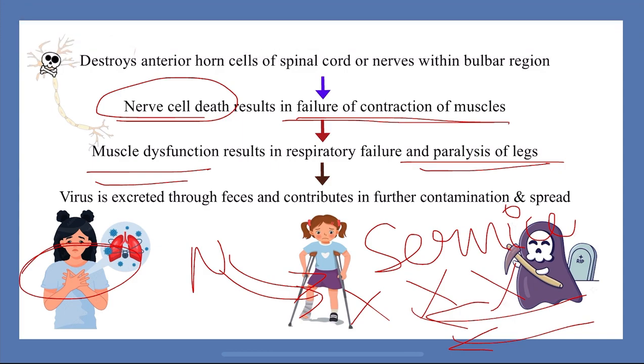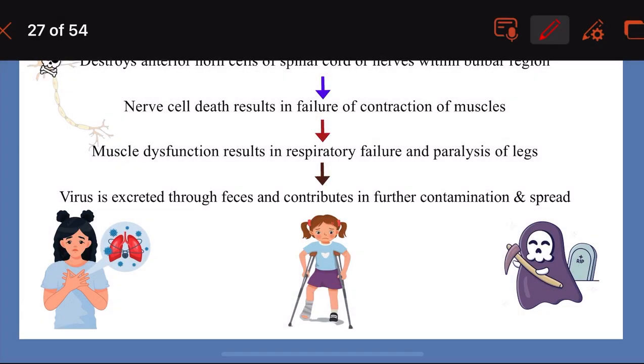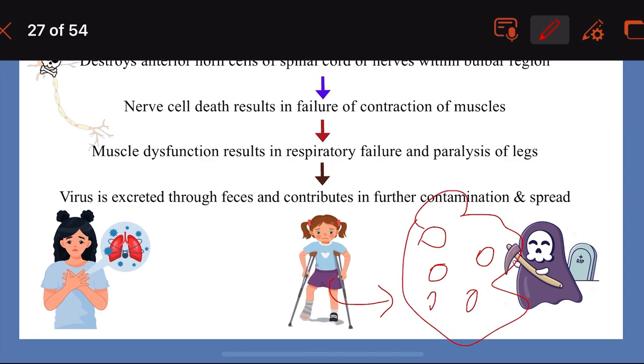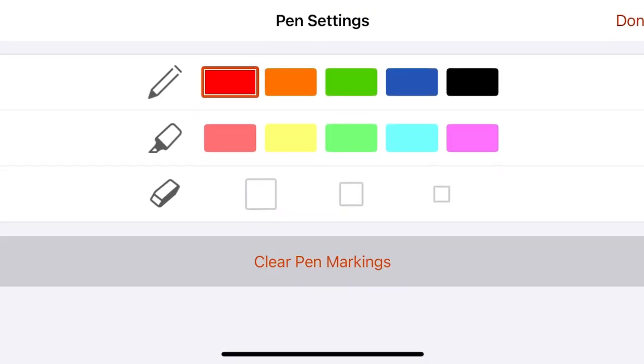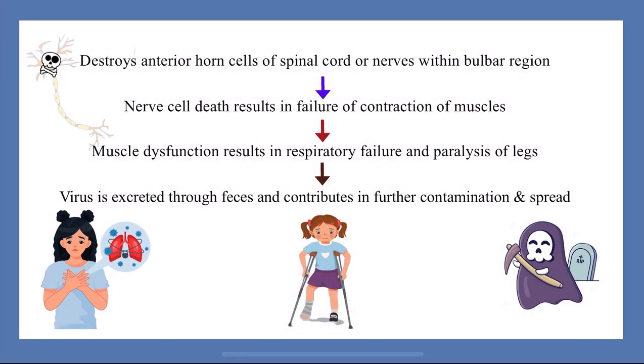Very important that it is affecting the bulbar area. When it affects the bulbar area, it is going to cause failure in respiration. The virus is excreted through feces and contributes to further contamination and spread. The infected individual discharges the virus in the feces, and this contamination can again lead to the spread of the virus and result in further poliomyelitis in other individuals.